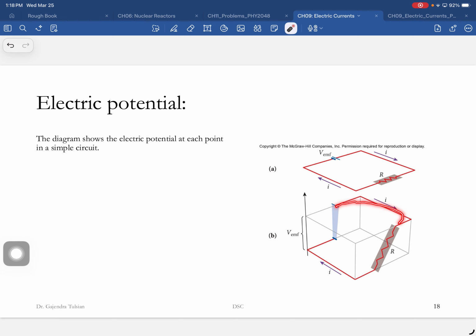So that positive charge has potential energy here, and as it passes through this device, it's losing its potential energy, its electrical energy, and that energy is being converted to whatever it is in the load. That positive charge has lost all its energy after having gone through the device, and then it's come back home.